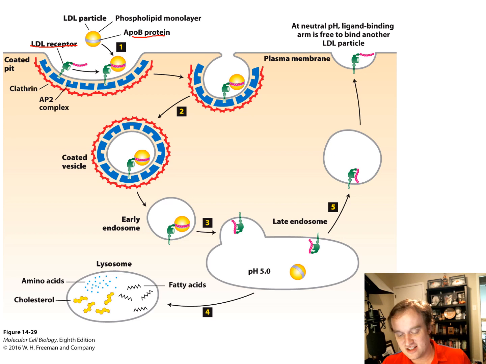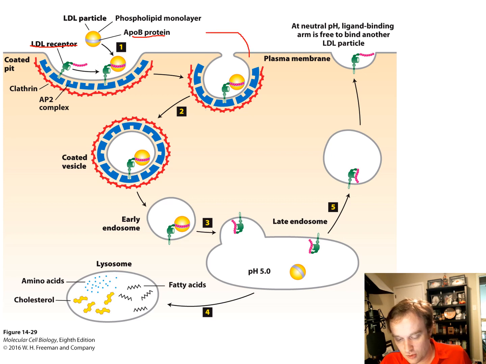As long as the blood pH is normal, it will bind it. The cytosolic tail NPXY sorting signal interacts with this AP2 complex and incorporates the LDL receptor complex into the clathrin-coated pit.